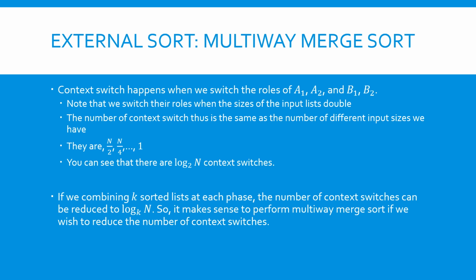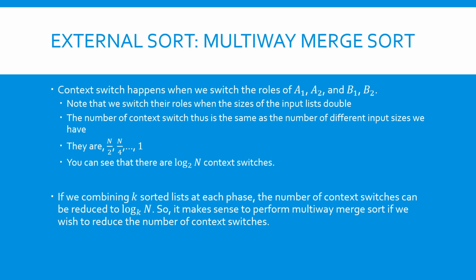Hence, the number of context switches we have is the same as the number of different data block sizes we have. We have input data blocks with sizes n over 2, n over 4, and so on, all the way down to 1. In this case, we have log base 2 n context switches in our algorithm.